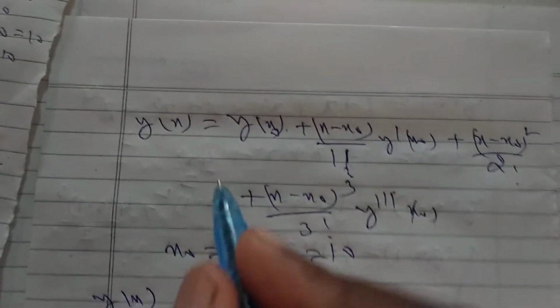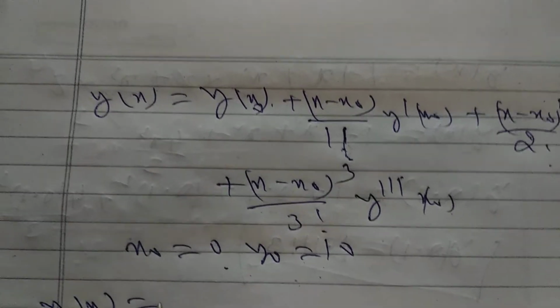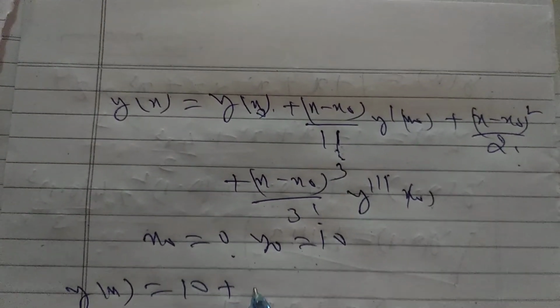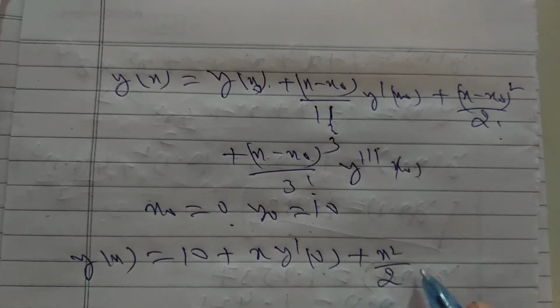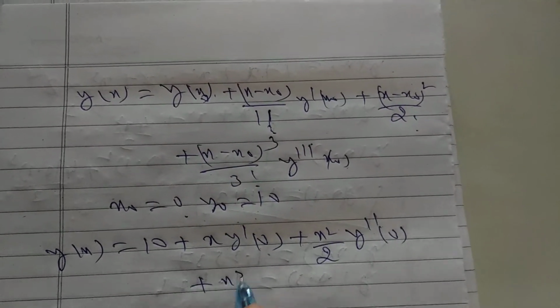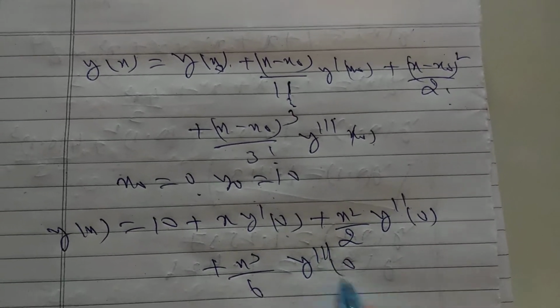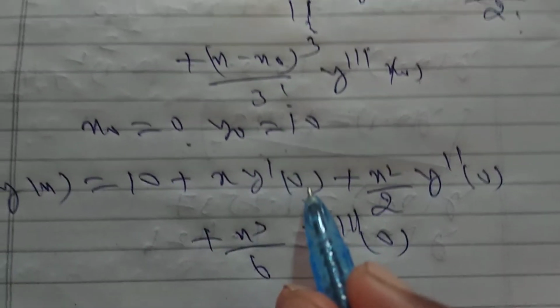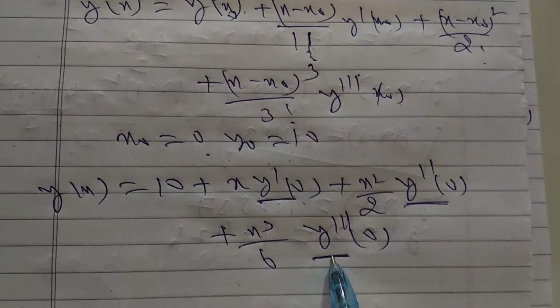So y of x naught means y naught, y naught is equal to 10 plus x minus x naught, x naught value is 0, x by 1 factorial means 1 into y dash of 0 plus x square by 2 factorial means 2, y double dash of 0 plus x cube by 3 factorial means 6 into y triple dash of 0. So now we have to find out y dash of 0, y double dash of 0, y triple dash of 0.